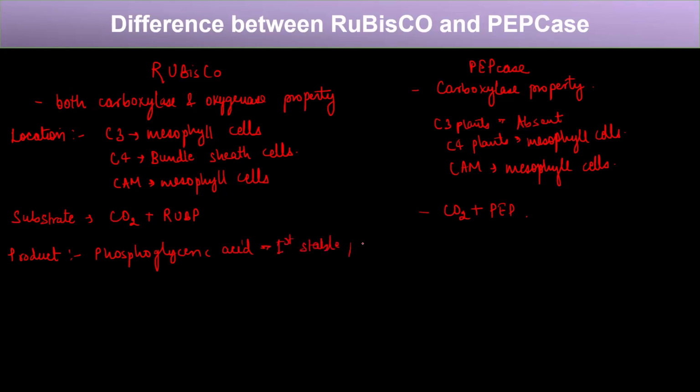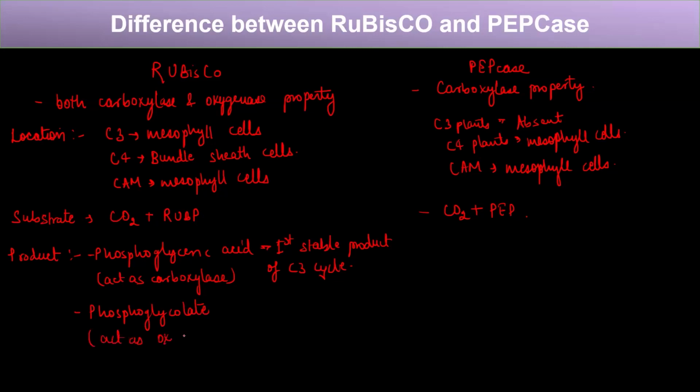It is formed when Rubisco acts as carboxylase. The second product formed is phosphoglycolate, and this phosphoglycolate is formed when Rubisco acts as oxygenase.